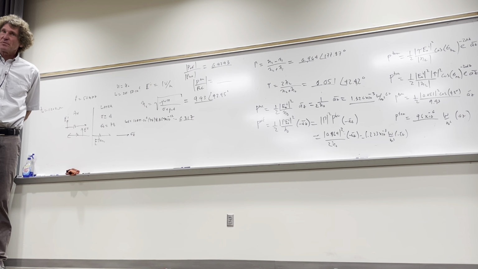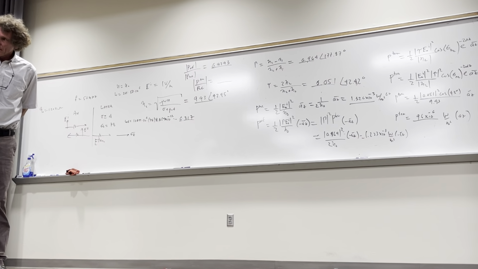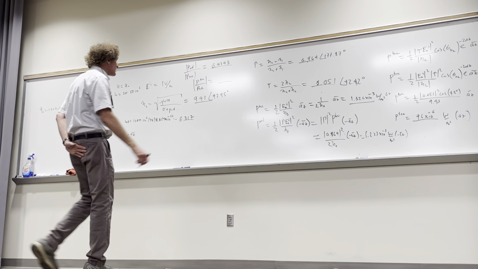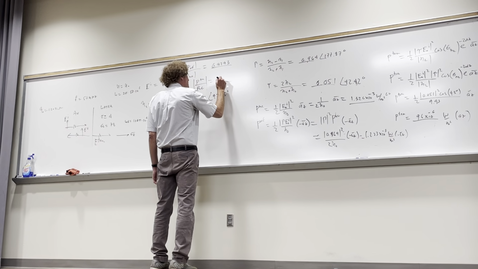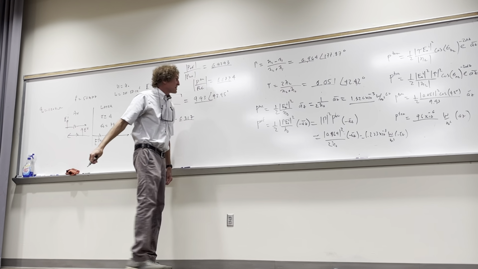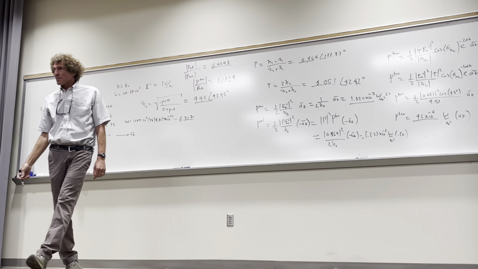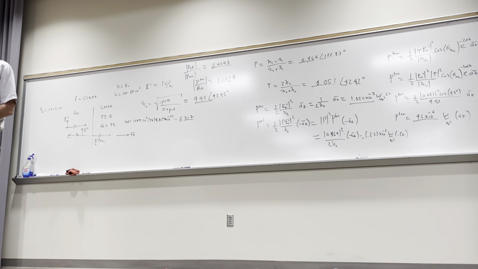There's always some rounding, so you're never going to get it exact. What do you get? 0.0724. And if you add those two, it should be real close to 1. Okay, so that's how to do that problem.